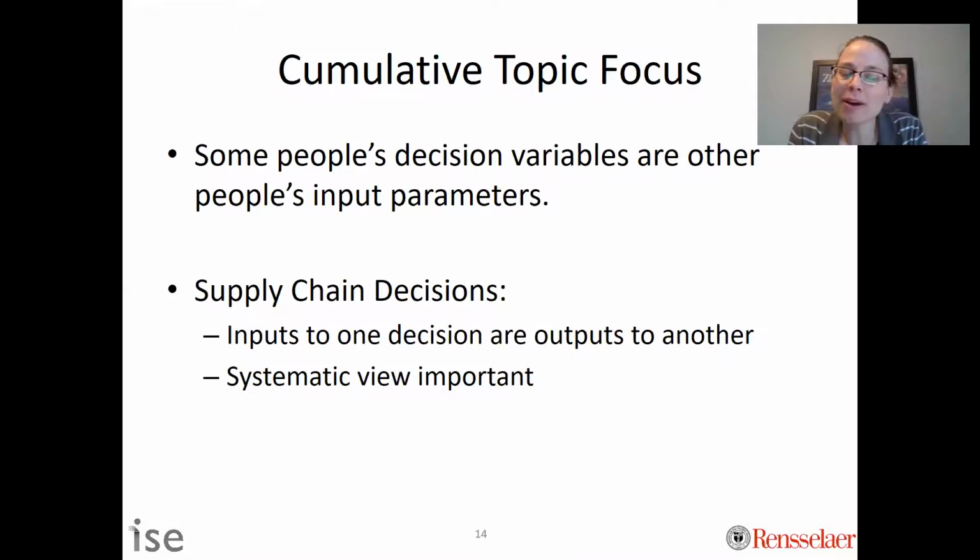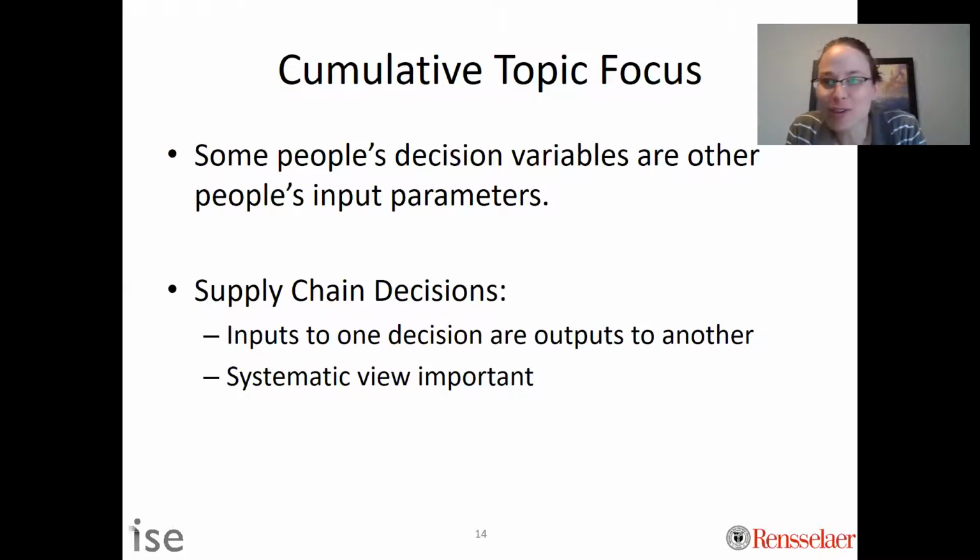When you think about cumulative topics, one takeaway that's true in supply chains, but also in life, is that some people's decision variables are other people's input parameters. What I mean by that is, sometimes we were trying to determine, for example, what our forecast is. At the beginning of the class, our decision variable was, how much do we expect demand of a certain product to be?